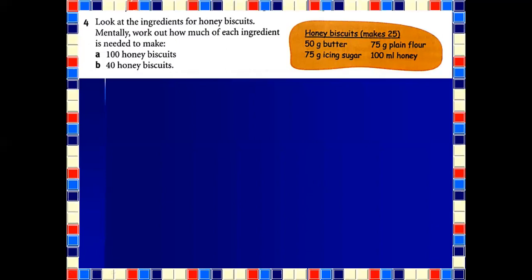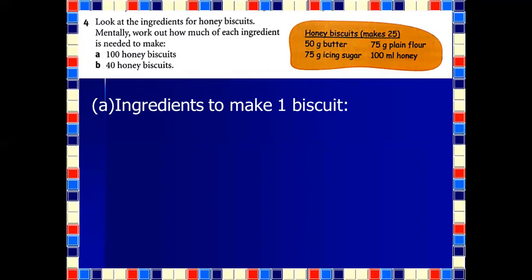Now go ahead with me, Kenan. Ingredients to make 1 biscuit. Here in the question, the procedure of the solution is a little bit different from yours. Here, honey biscuits, there's 25, right? I will make 25.